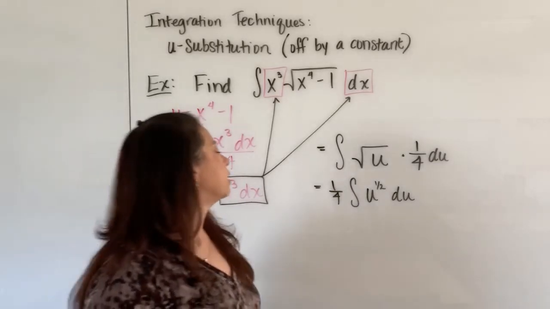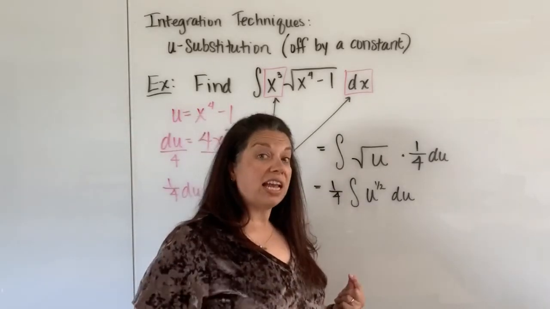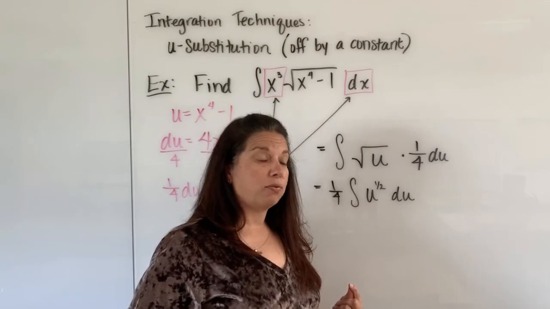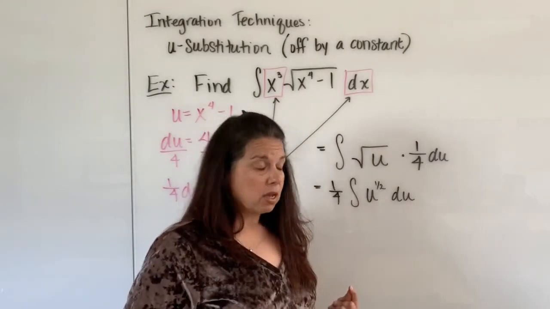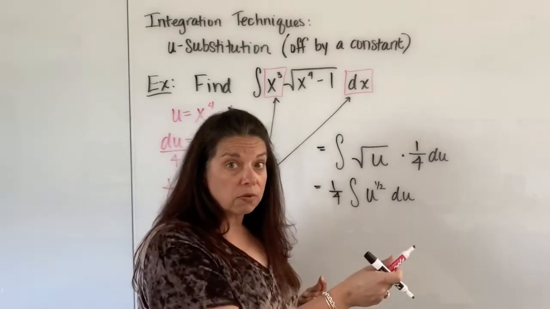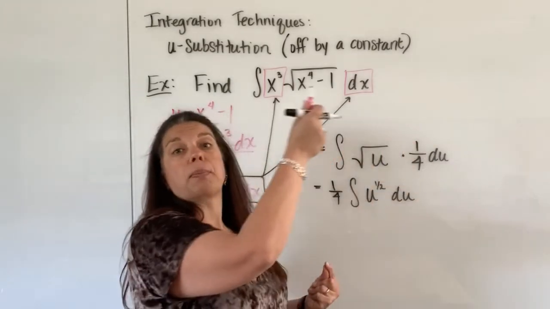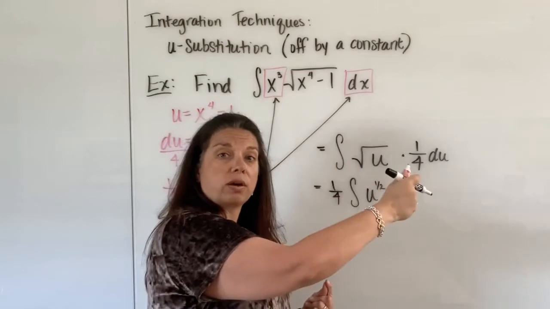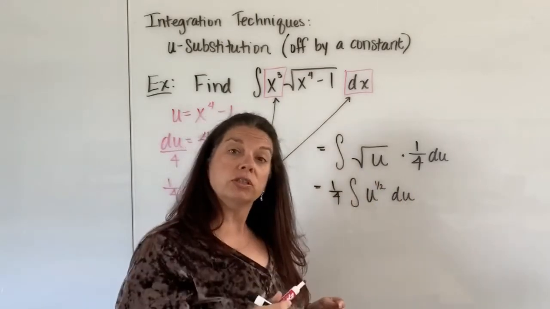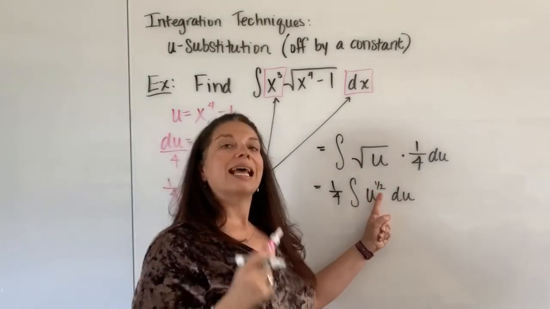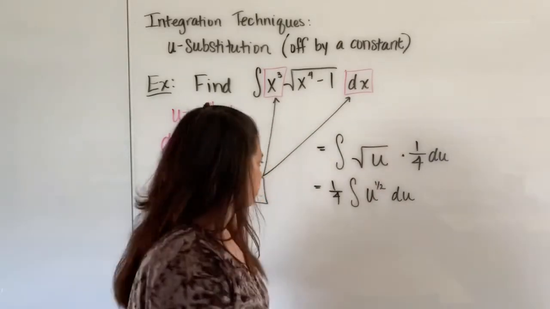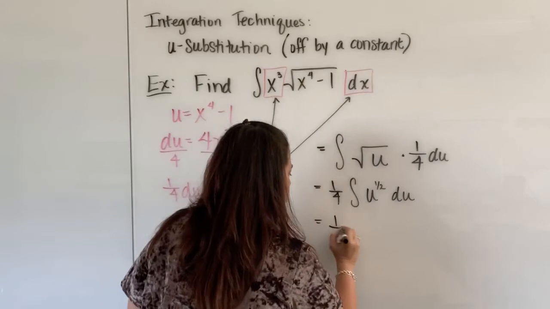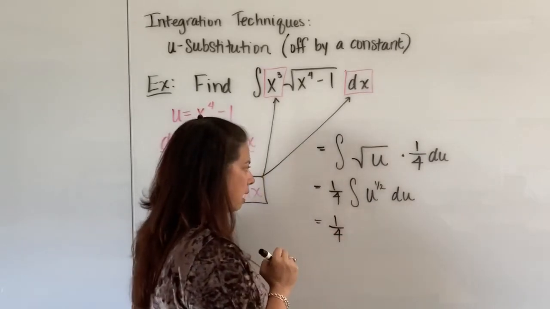So now you have to think, okay, how do I find the antiderivative of u to the 1/2? Well, the answer to that is reverse the power rule process. The power rule, initially, if you're finding the derivative, you would bring the power down in front and subtract 1 from the power. But if you reverse that, what we do instead is add 1 to the power, divide by the new power. So if we do that, we still have our 1/4 out front.